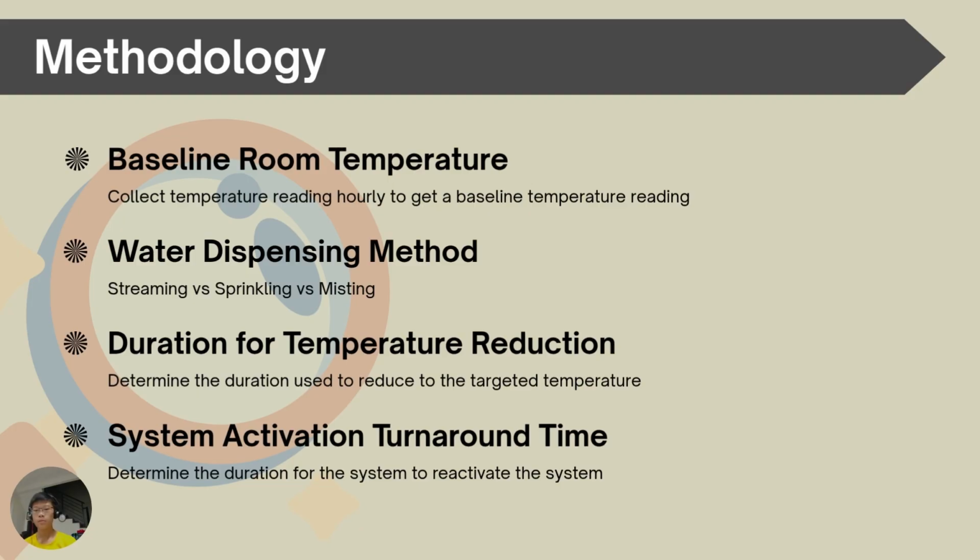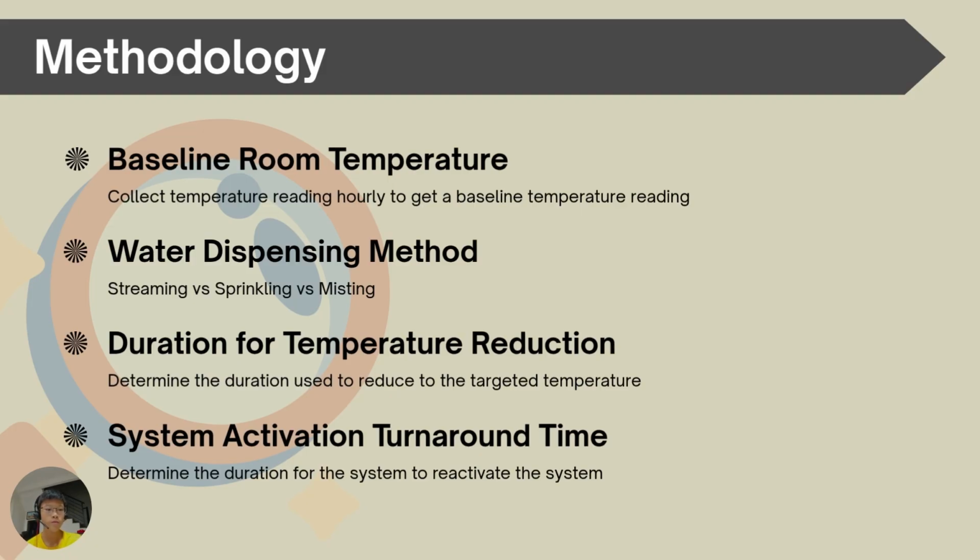Some observations have been carried out to gather data as a deciding factor in order to prove the evaporative concept. The following experiments that are carried out during the project are setting the baseline room temperature, which is to collect the temperature hourly to get a baseline temperature reading.